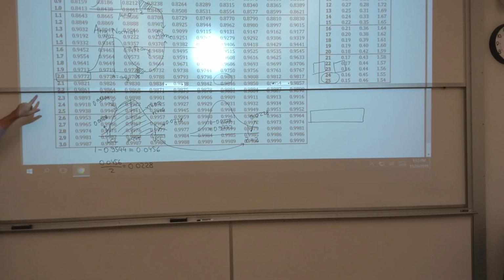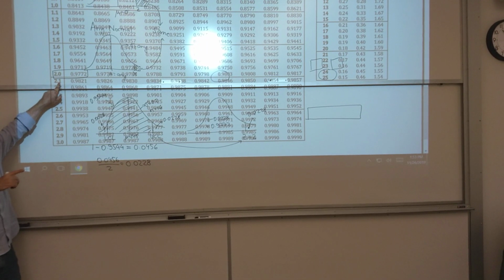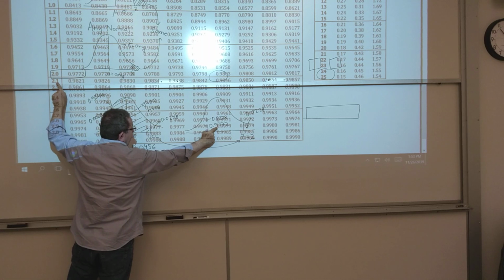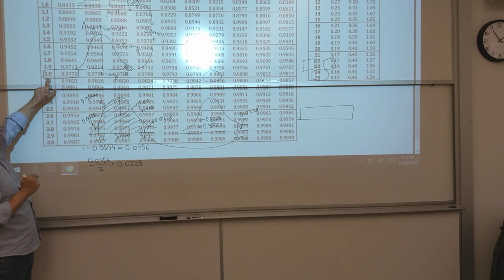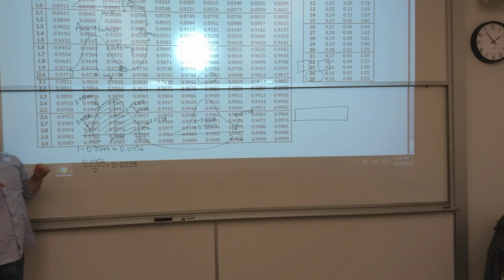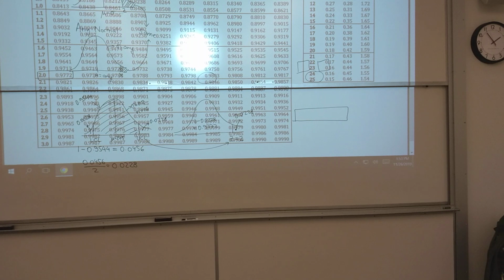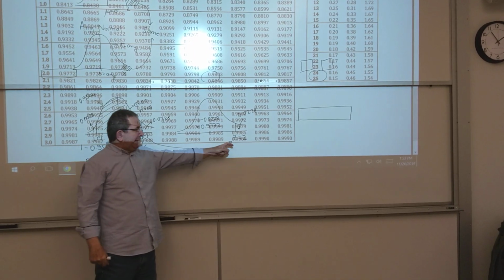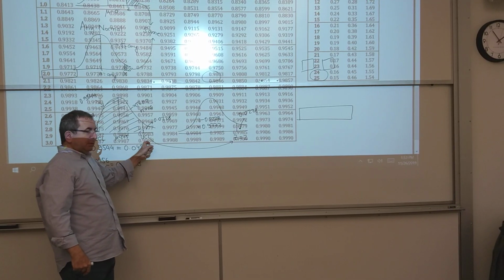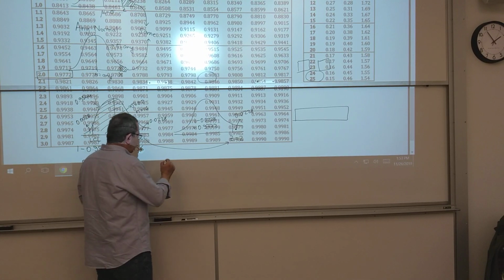Okay. So here, 0.9772. So this is what we're trying to find. It's here, 0.9772, and it corresponds to 2. Okay. So we can go from z to x, okay, which is our upper control limit.